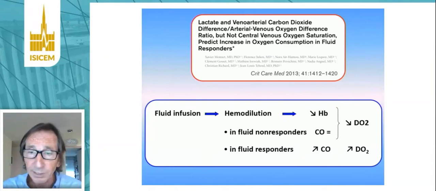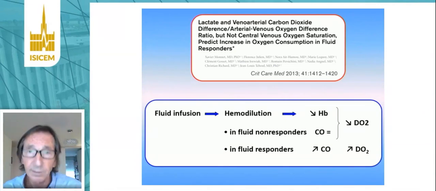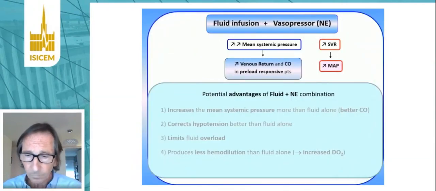Only in responders, we can have an increase in oxygen delivery. But if we give norepinephrine at the same time, we can have a better oxygen delivery because we can increase cardiac output more, and also the redistribution of blood towards the stressed volume is made by blood and not only by plasma. So we have an increase in oxygen delivery.